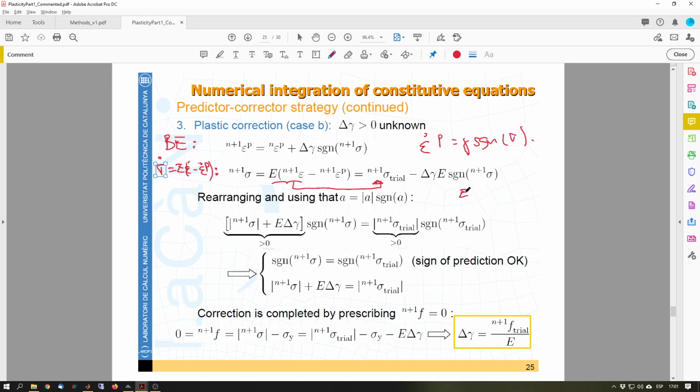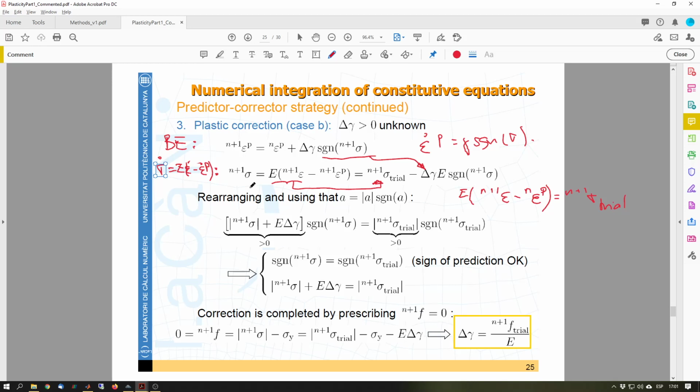We have this is epsilon e minus epsilon p, and this is n plus 1 sigma trial. And that's what we are keeping there. So we are left, in fact, with this second term here that is being multiplied by the Young modulus. So all that here is what is going here multiplied by the Young modulus as well.